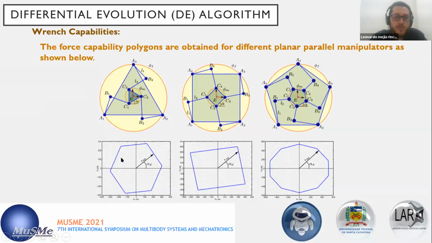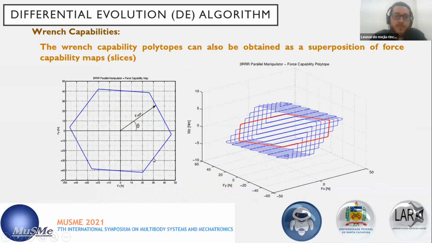So then, once you have this force capability map for a constant moment, you can, for example, start changing the imposed moment, allowing you to obtain a three-dimensional representation that we can call the polytope of the mechanism, the force capability polytope.